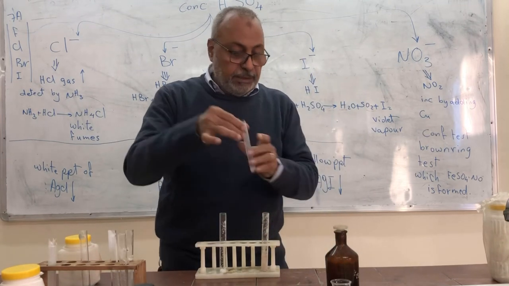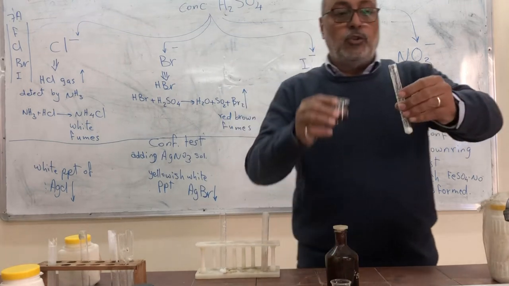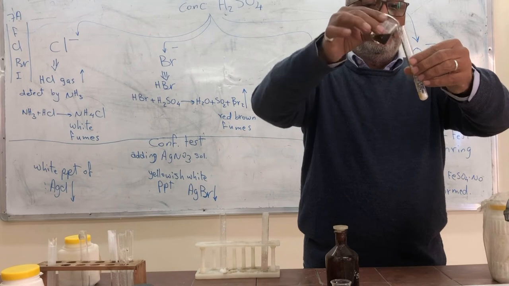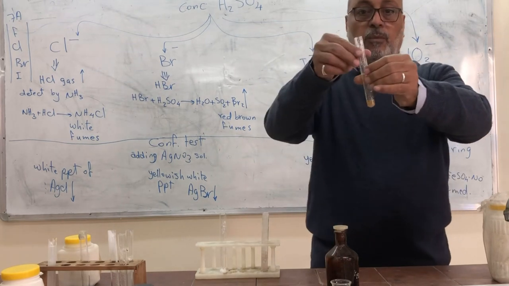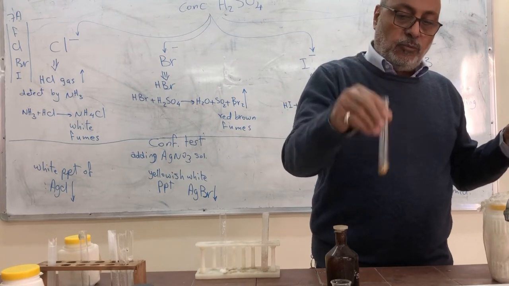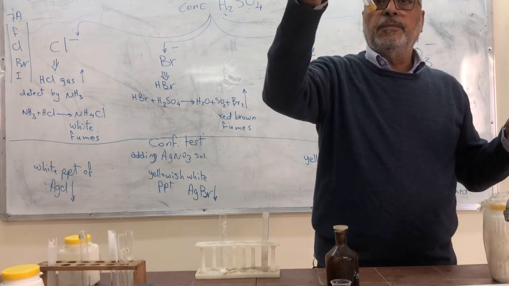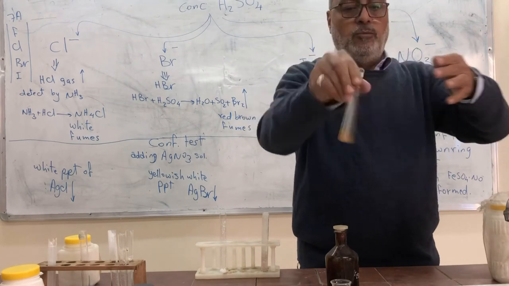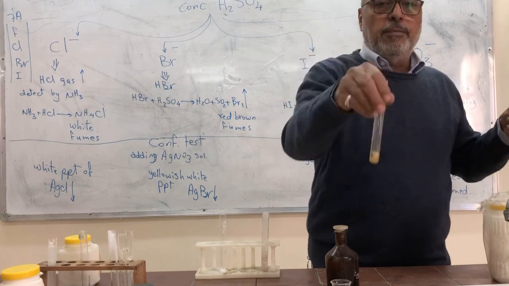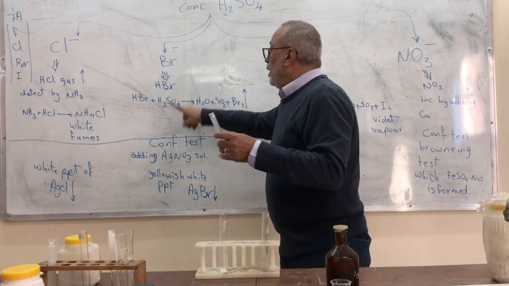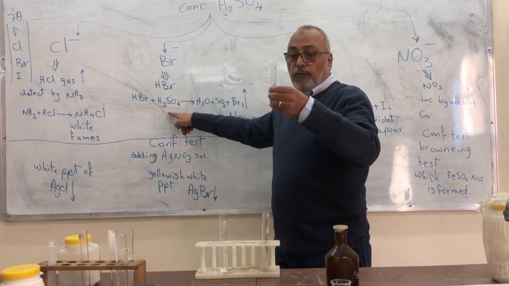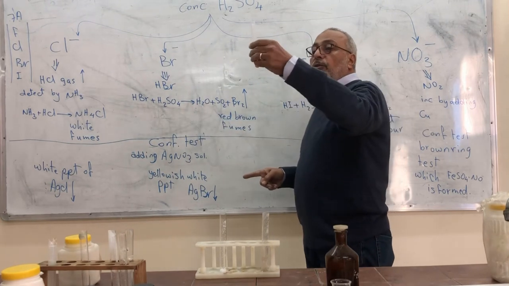Second experiment with bromide, the salt of bromide. We will notice that it will form HBr gas, which reacts with the strong oxidizing agent H2SO4 and forms brown fumes.